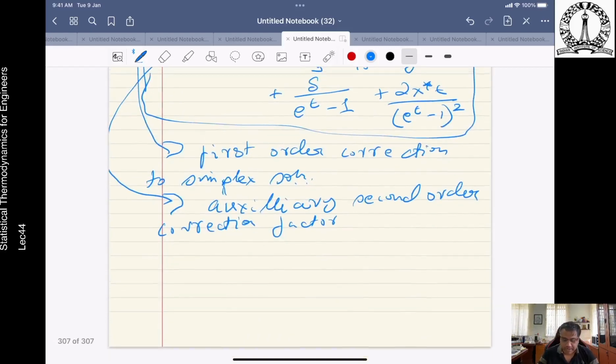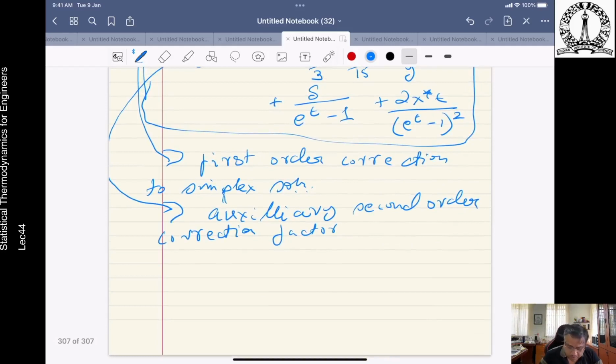Okay, so in essence, the total partition function then becomes, this is the total partition function. It is Z TR, Z electronics, Z naught RV, and then there is a Z correction.